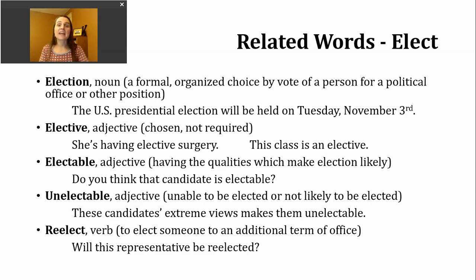They serve and they decide, I want to continue holding this office, then we're going to hear this verb a lot. An example sentence here, will this representative be re-elected? Connected to this, you should know that re-election as a noun also exists. And it's this idea of a formal or organized choice by vote again.